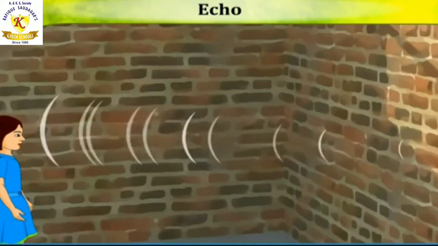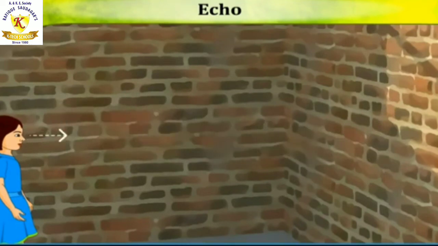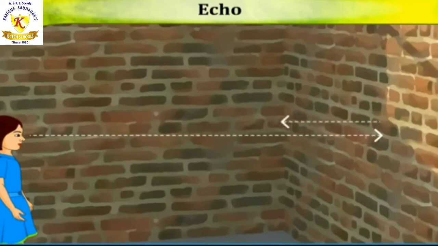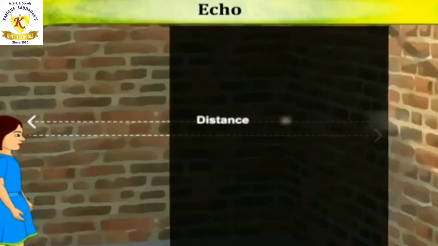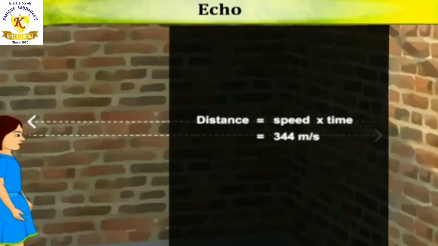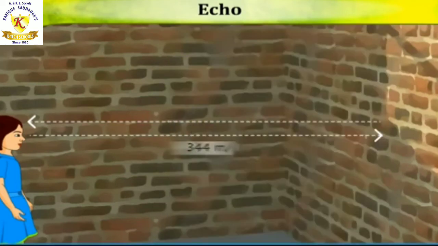So, we can determine the minimum distance between the source and the reflecting surface as follows. Distance is equal to speed into time. So, distance is equal to 344 meter per second multiplied by 0.1 second, which is equal to 34.4 meter.